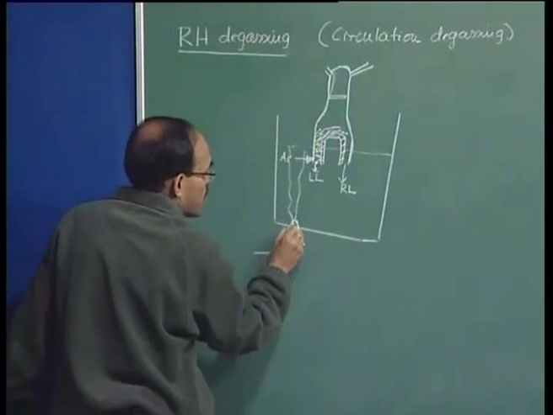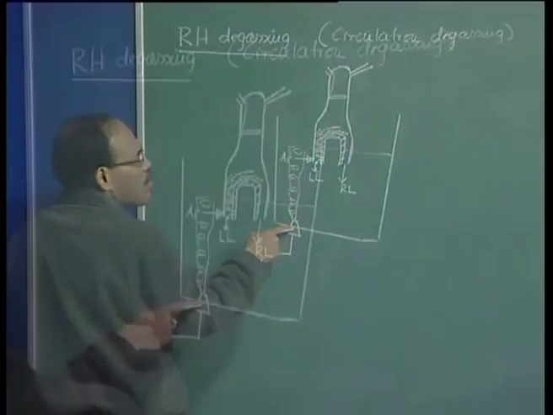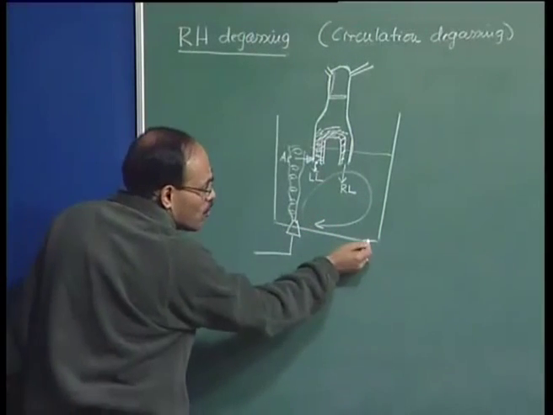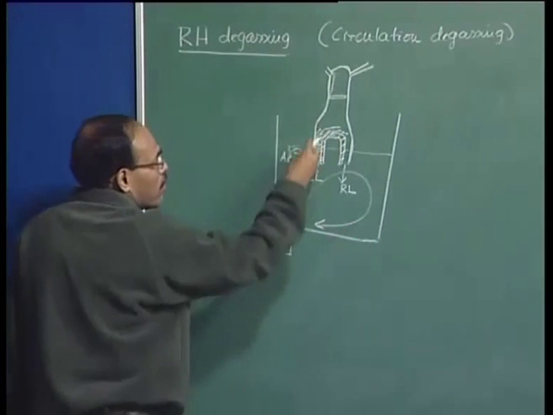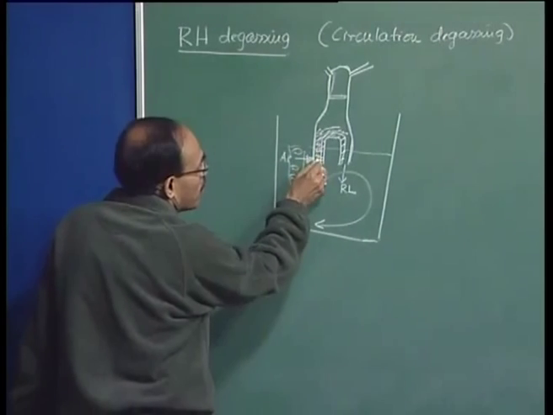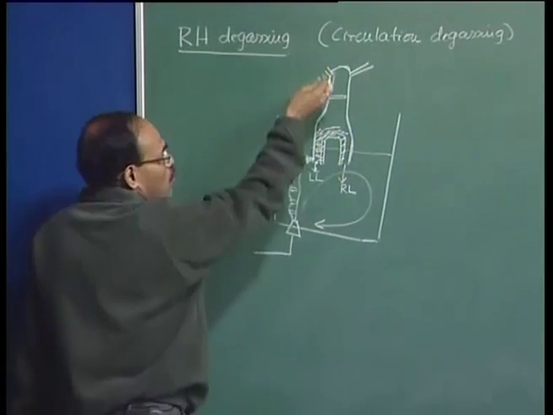So, I have molten steel, and this is the argon bubble here for bulk stirring. This may be there, may not be there. It is causing some stirring here in order to take material from here to the left leg, and then because of this lift gas which rises through the left leg, it draws molten metal along with it.